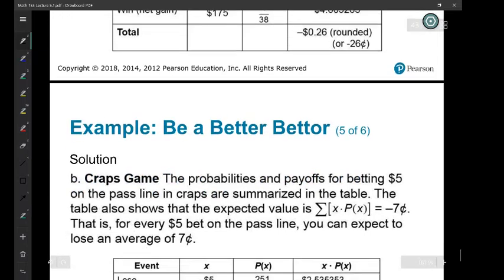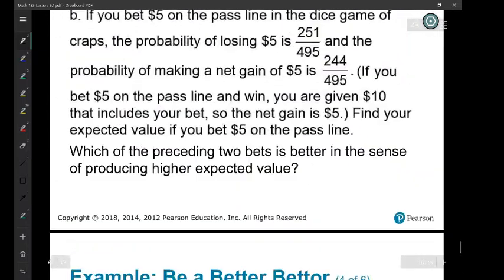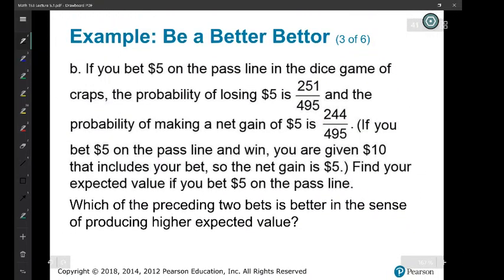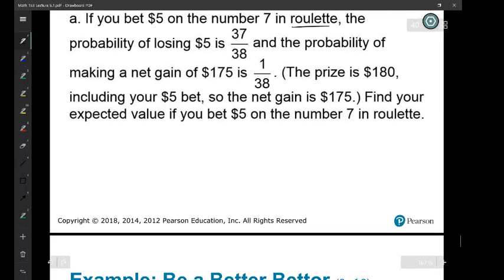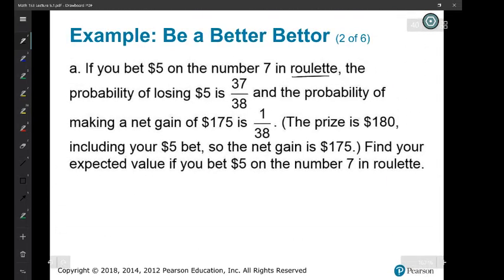The expected value is going to be the sum of the net payoffs times the probability of the net payoffs for each. So the expected value of X is equal to, well, you have a net payoff of negative $5 if you lose.